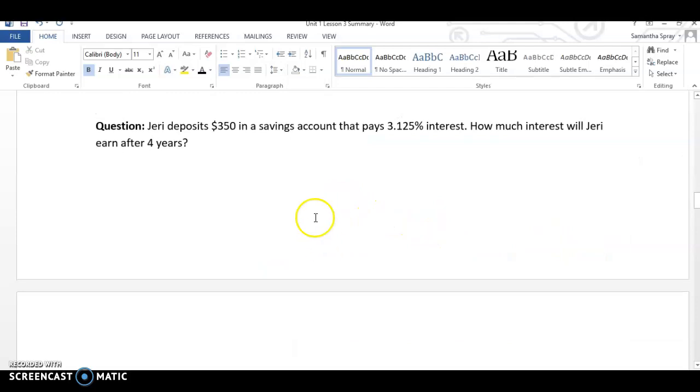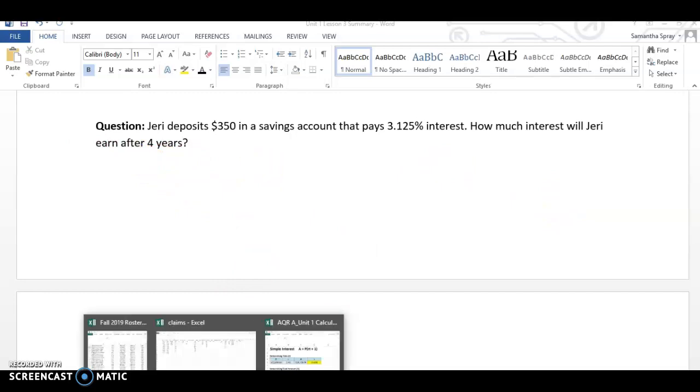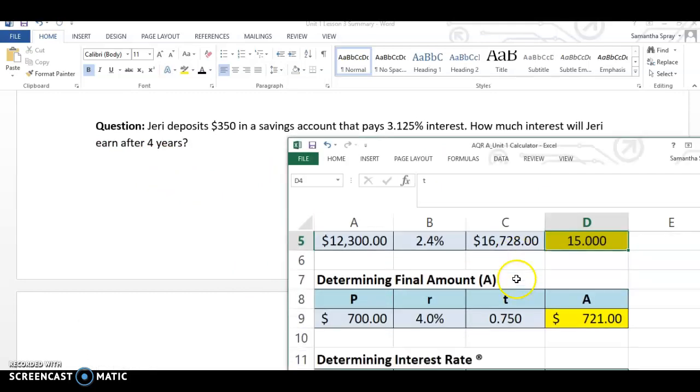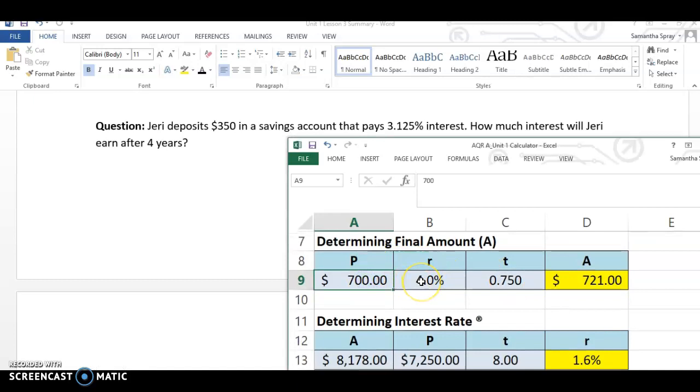My next one, I have Jerry, who deposits $350 in a savings account that pays 3.125% interest. How much interest will Jerry earn after 4 years? I want to figure out the final amount. My principal amount is $350, my rate is 3.125, and my time is 4 years.